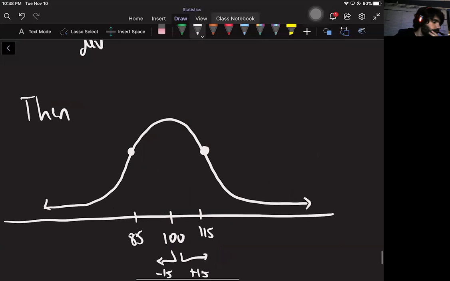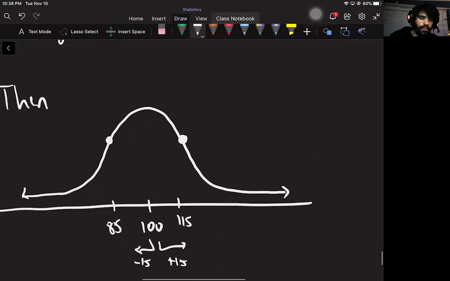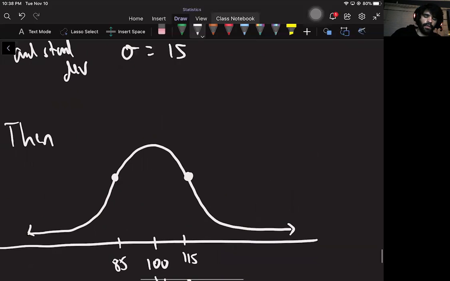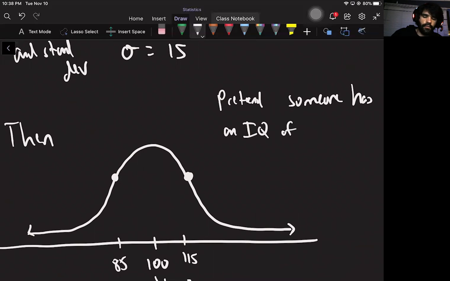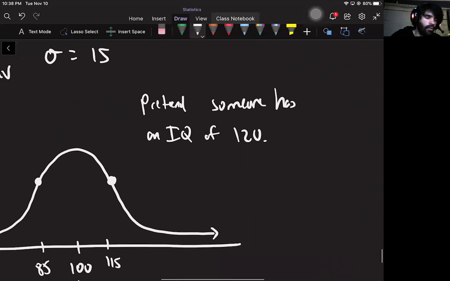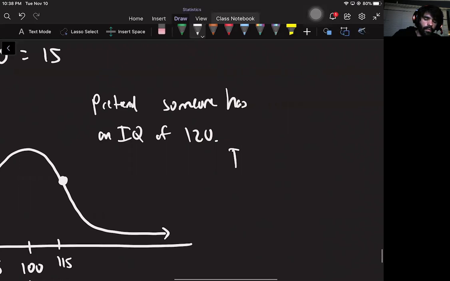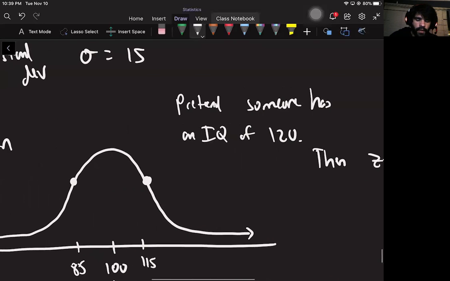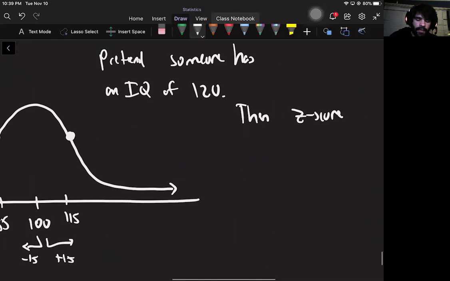And so now I can figure out some stuff. Let's pretend someone has, say, an IQ of 120. Then I could calculate the z-score for this number 120, because I can think of it as a data point for a random variable with a mean and a standard deviation.